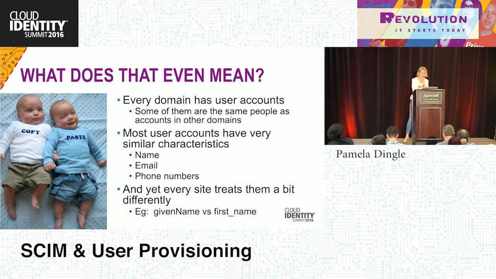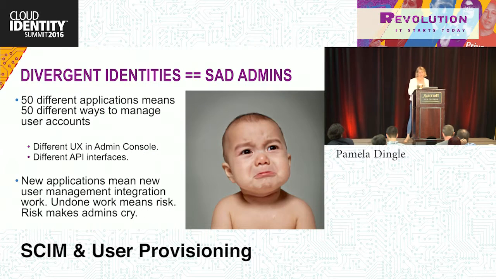And that is not very scalable. And I believe that divergent identities are bad, and they make admins sad, and that admins don't want to spend a whole lot of time trying to separately integrate every single application they have out there, because they often have a lot of them, and the applications change.